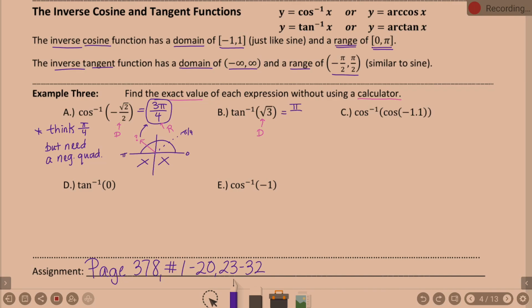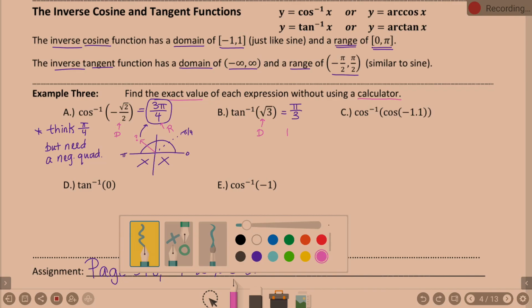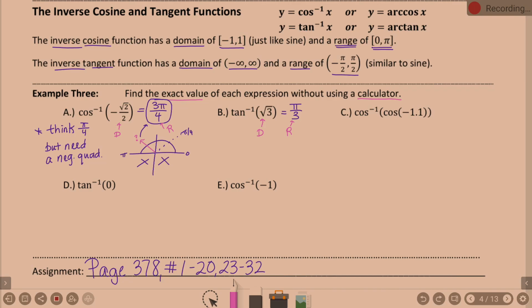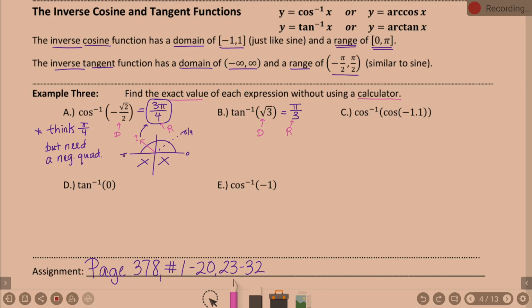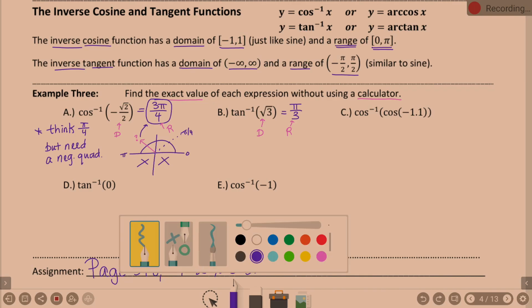Is pi/3 an acceptable range value? Yeah. For tangent inverse, the range is negative pi/2 to positive pi/2, which are the right two quadrants. So you're good, you're in quadrant 1. So the answer is pi/3.